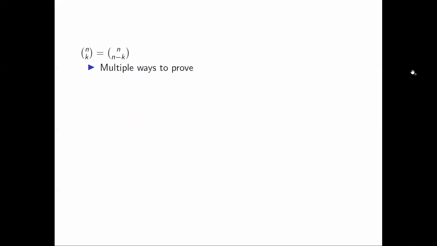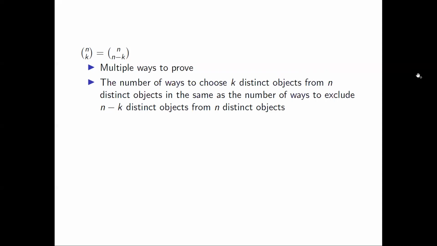So let's start with a pretty simple identity. N choose k equals n choose n minus k. And like most of the identities today, there's multiple ways to prove this one. So we can note that n choose k is the number of ways to choose k distinct objects from n distinct objects. Just want to emphasize, order does not matter.